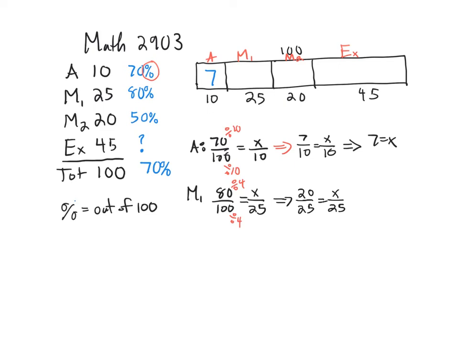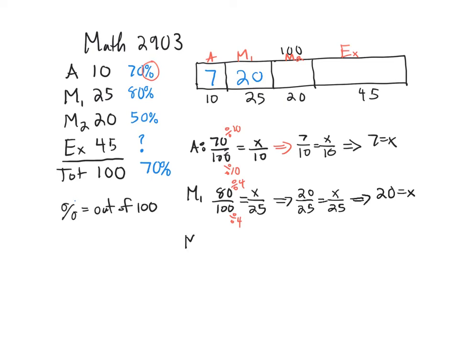I noticed that if I divided by 4, I got the other denominator. That's why I did that. So this tells me that 20 equals x. So I know that they got 20 points out of the 25 in midterm 1.